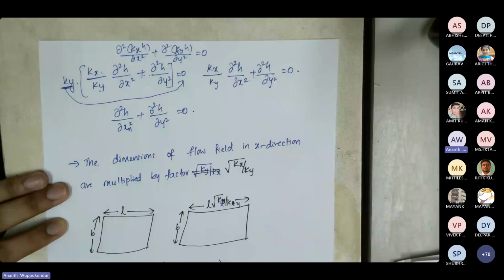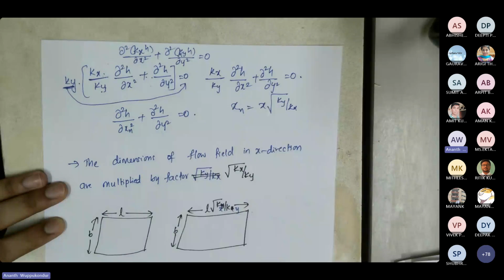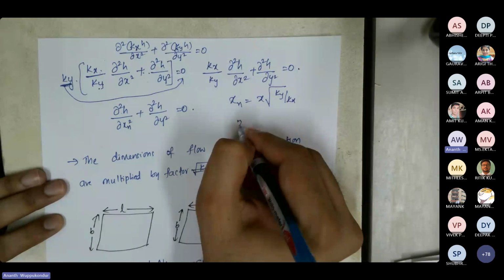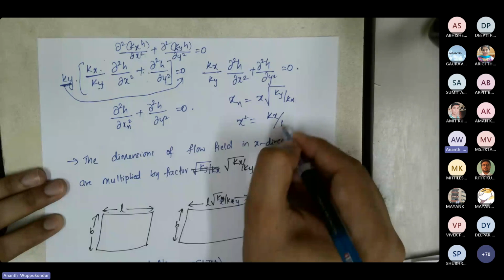Earlier I introduced xn equals x square root Ky by Kx. So my x square would be Kx by Ky multiplied by xn square.